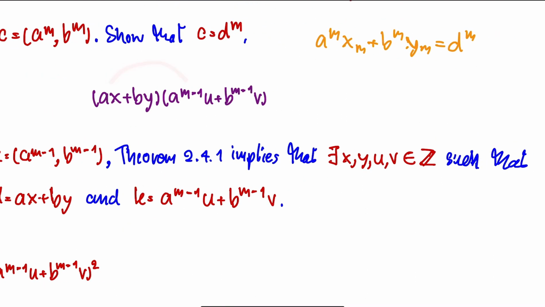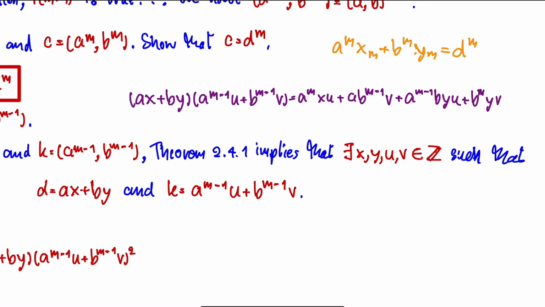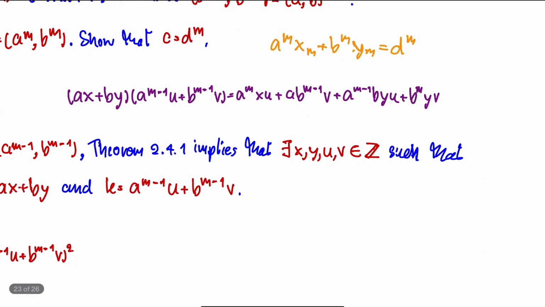So let's expand this term. You're going to have a to the m xu plus a times this one, ab to the m minus 1 xv, and plus another term, a to the m minus 1 b yu plus b to the m yv. I forgot this x right here.